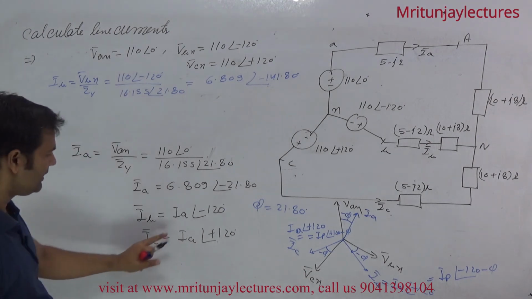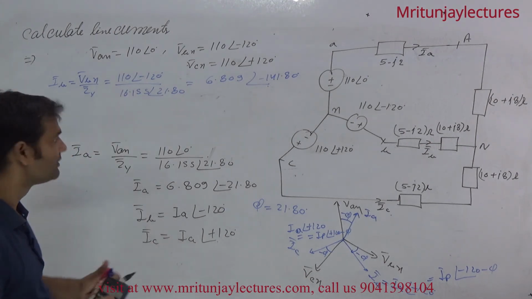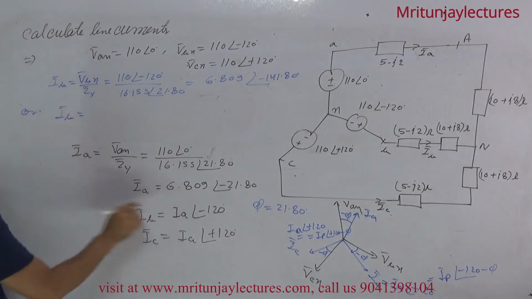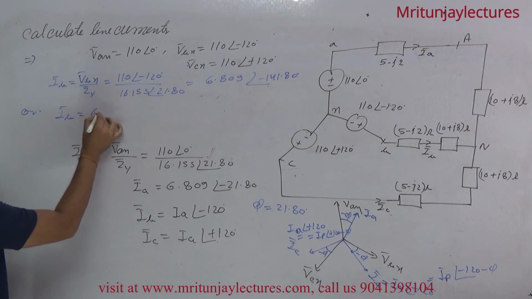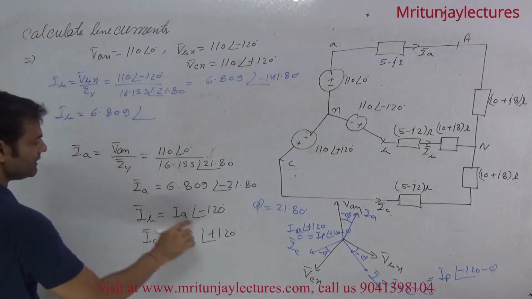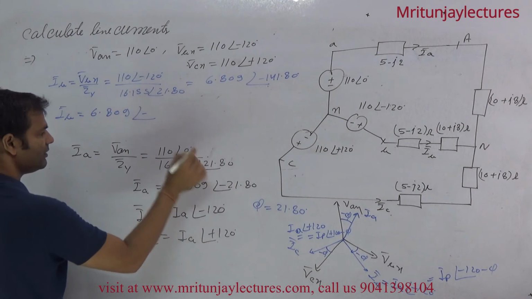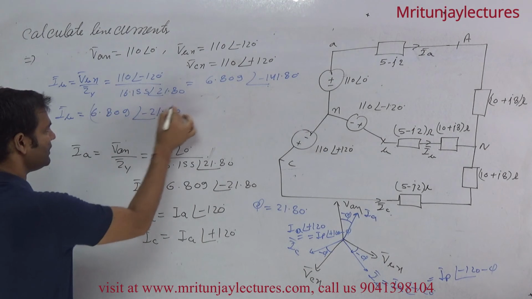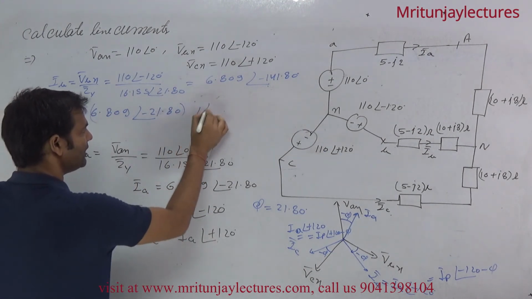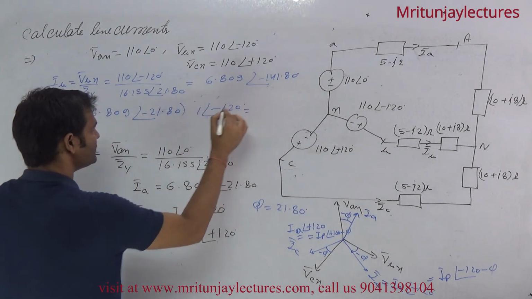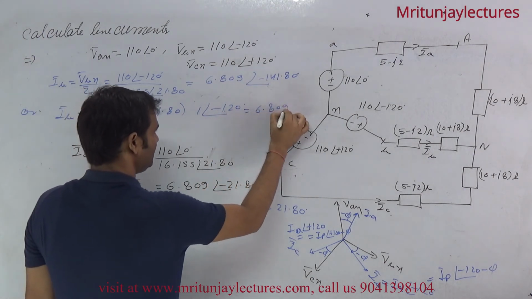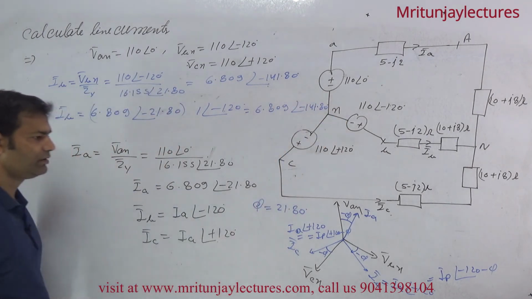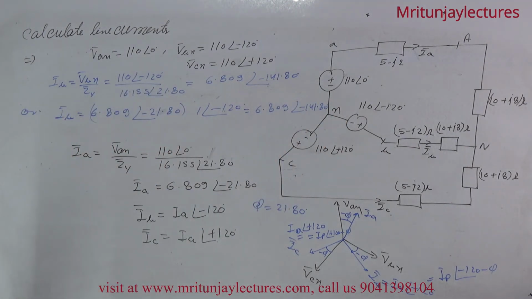Clear? You can also apply this formula: IB is 6.809 at the angle minus 21.80 into 1 at the angle minus 120. If any doubt, then resolve it.